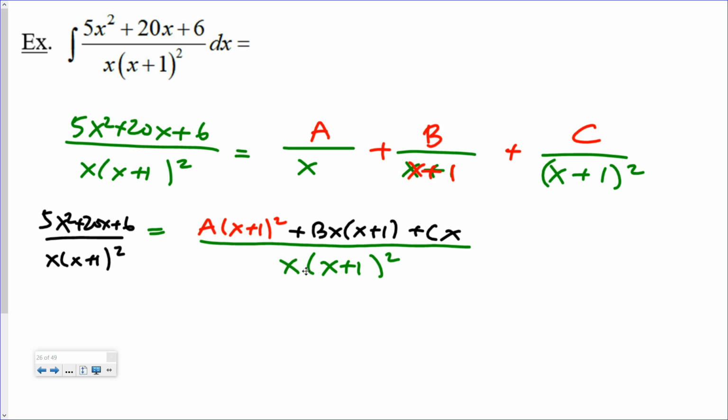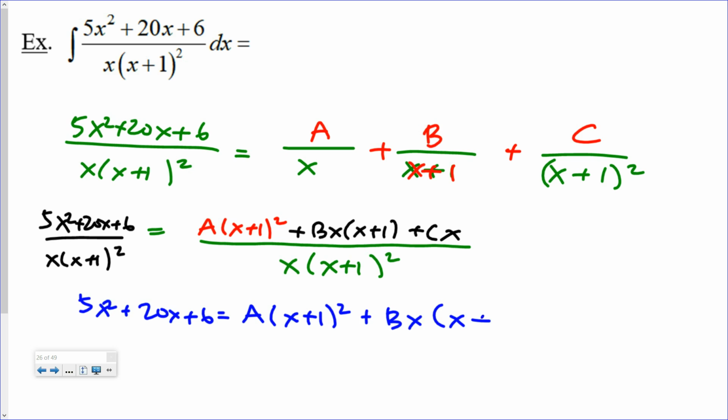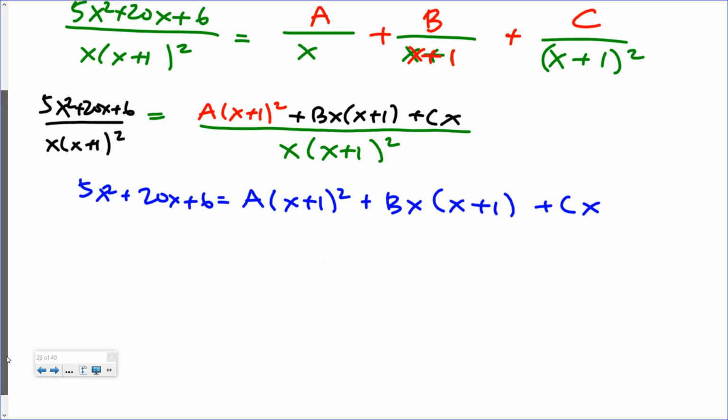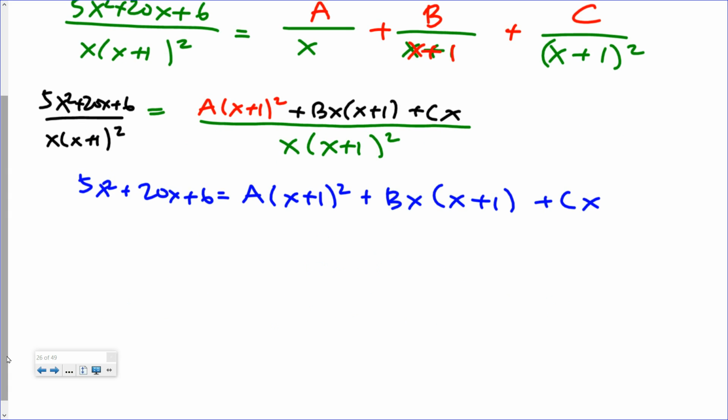Are my denominators the same? Yes. Okay, that means what's true about my numerators? They are the same. So I'm going to set up my identity here. Okay, and identity means that for any real number x, this left side is equal to this right side. My goal is to solve for A, B, and C.